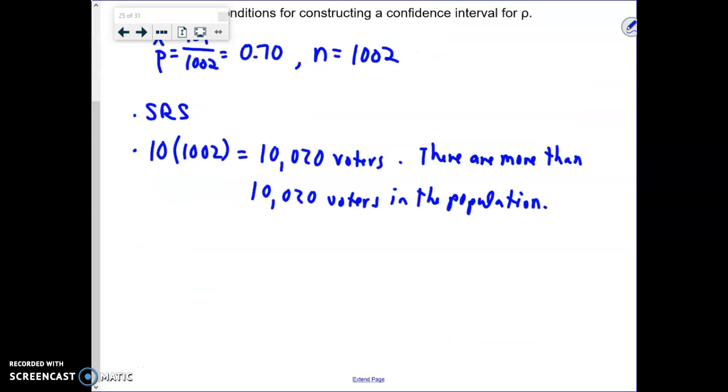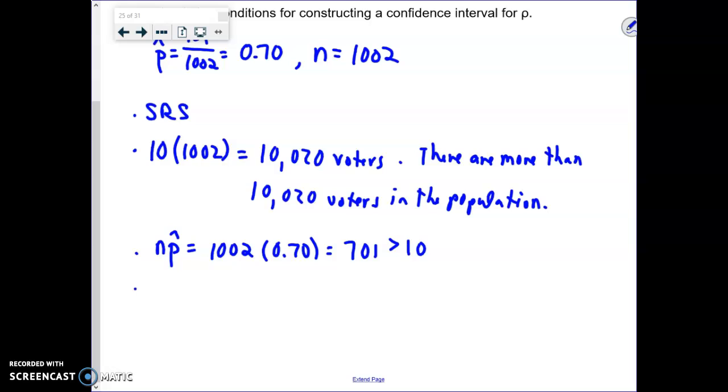And then finally, we have to make sure that we have an approximately normal distribution here. n times p-hat would be 1,002 times 0.70, which is approximately 701. That is larger than 10.